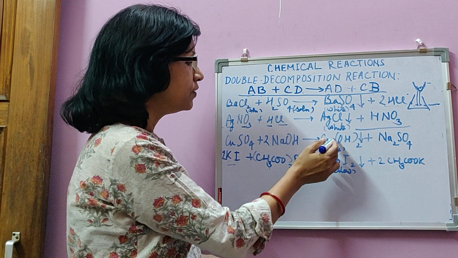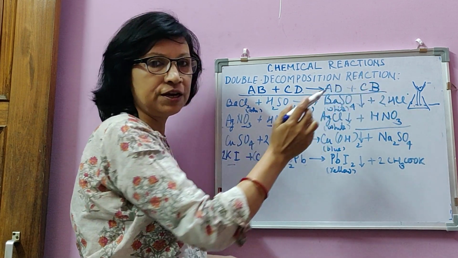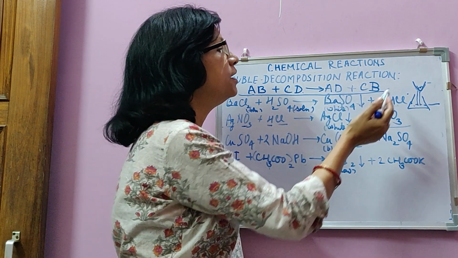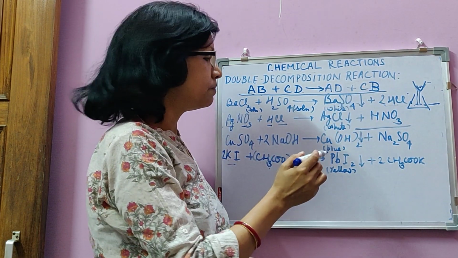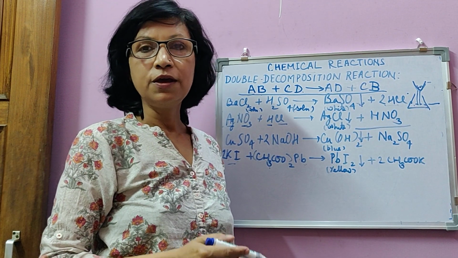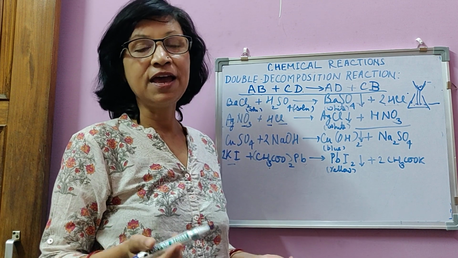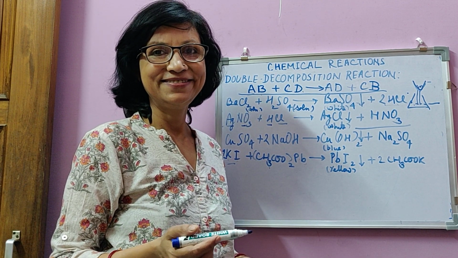If we want, we can separate these precipitates by filtration. They will be separated as residue over the filter paper, whereas the other product will go down in aqueous solution form as filtrate. That's all.